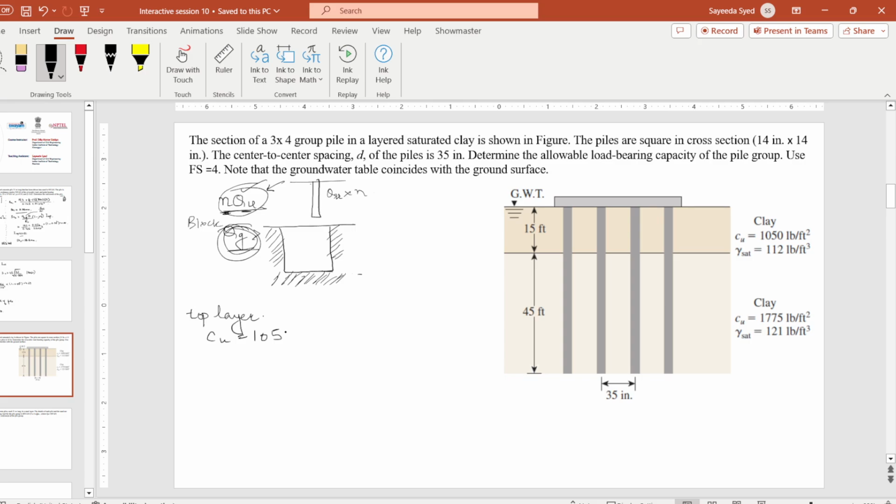And the bottom layer, Cu2. This is in pounds per square foot. This is 1775 pounds per square foot.